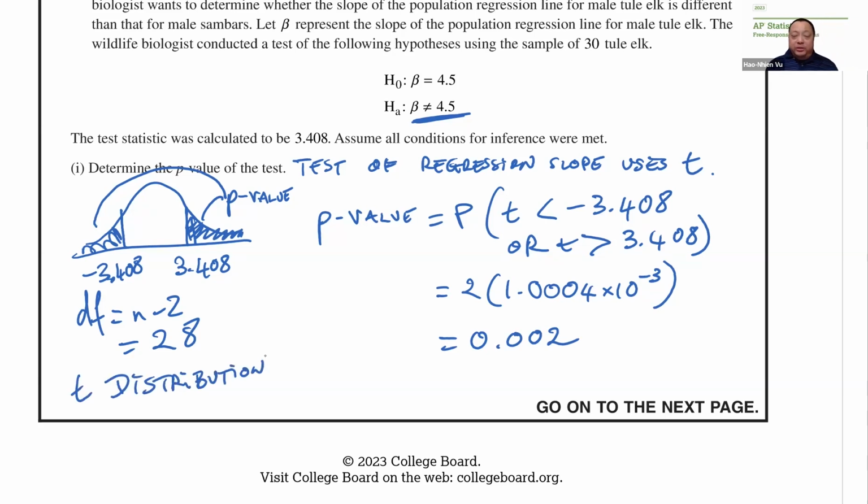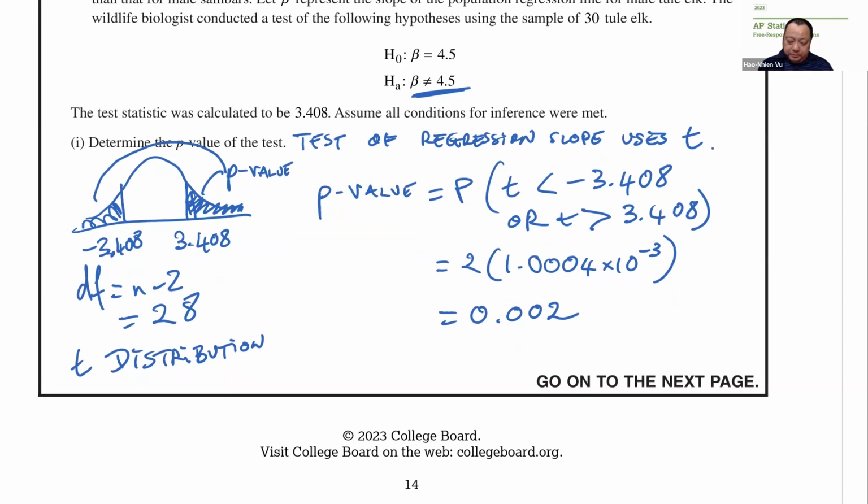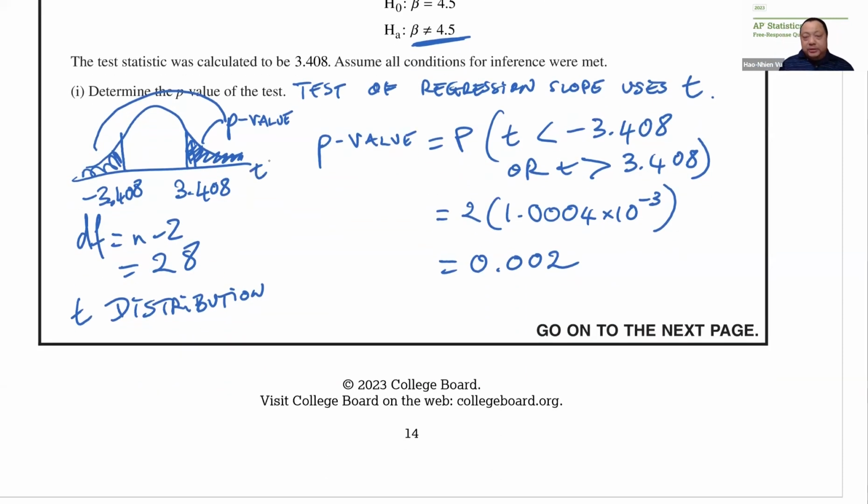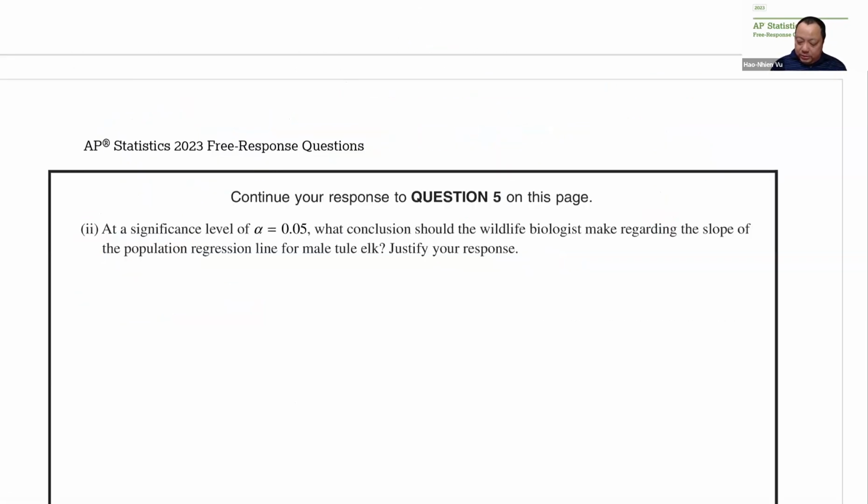I'm going to write the word T distribution down here and also the word T here, because AP looks for defining the distribution by name or by formula. And sometimes they give you some more options. For example, sometimes they accept calculator speak. I'm just going to put T everywhere just in case. So the p-value is 0.002, and then I now can write the conclusion.